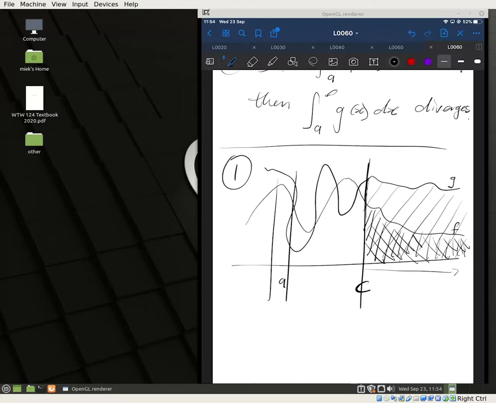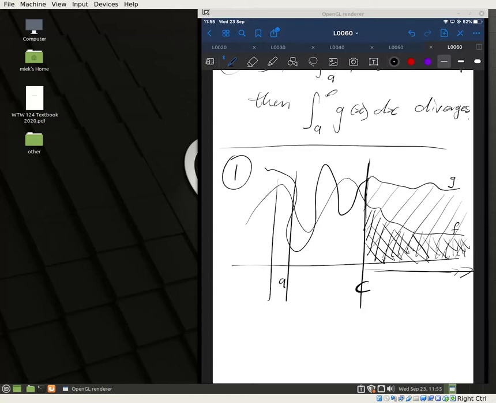That means that the integral of f from c to infinity is going to be greater than or equal to 0, but smaller than the integral of g, meaning that it will also converge.